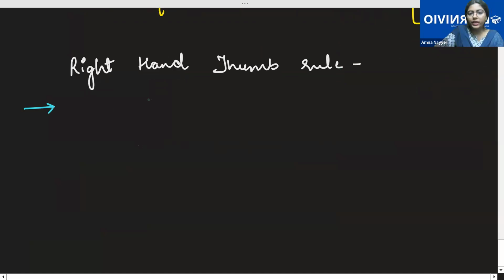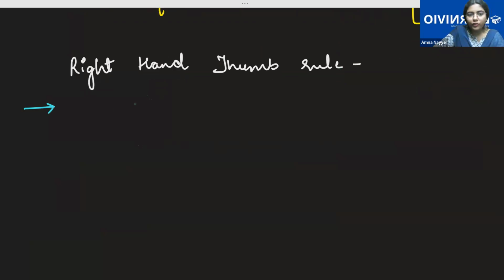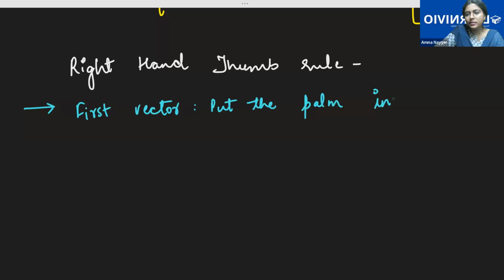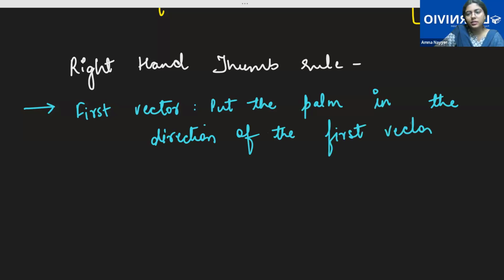When you have two vectors, for the first vector, you will put the hand, or you can say put the palm, in the direction of the first vector. Okay, put the palm in the direction of the first vector.